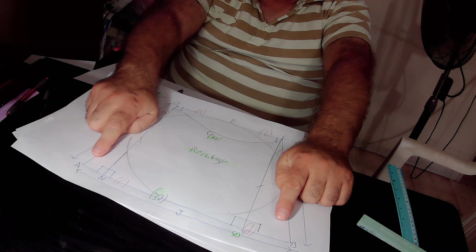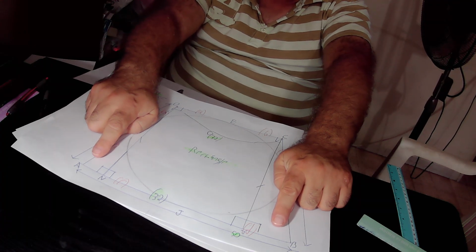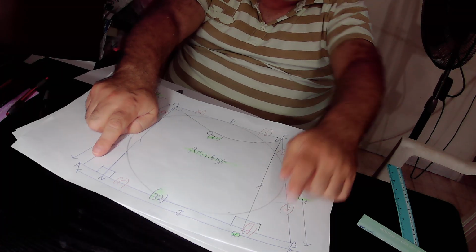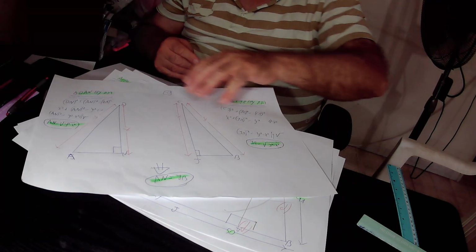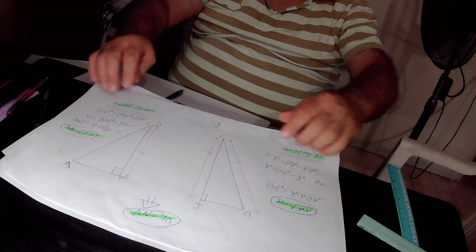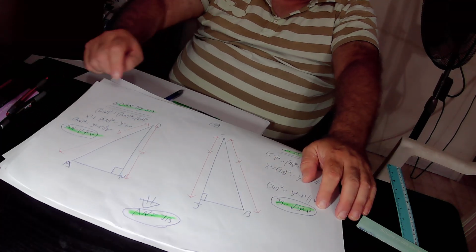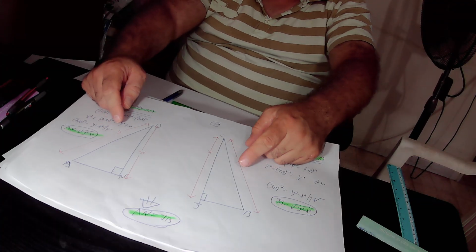So actually I copied these two right triangles to prove that those two sides are equal to each other. Those are the two right triangles that are copied. The hypotenuse DA equals the hypotenuse CB.